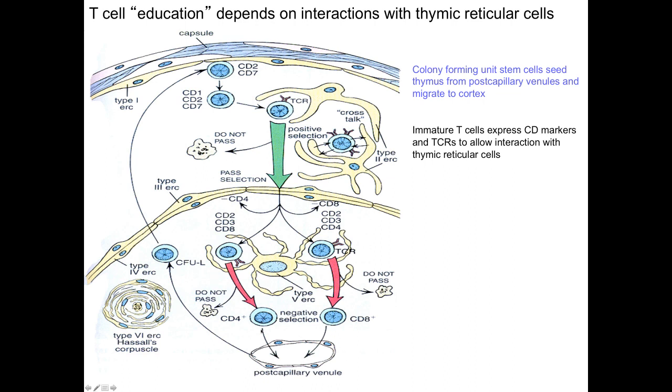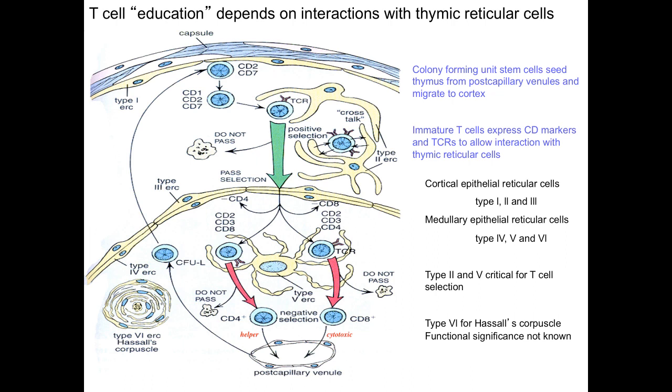So the colony-forming units coming from the post-capillary venules get into the thymic cortex, and they will mature in the thymic cortex. When they're matured, they will then pass into the general circulation, either as mature helper T cells that are expressing CD4 or cytotoxic T cells that are expressing CD8.